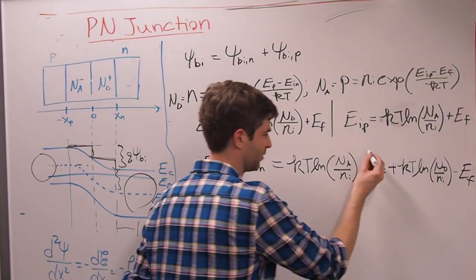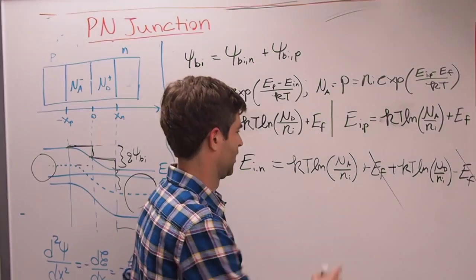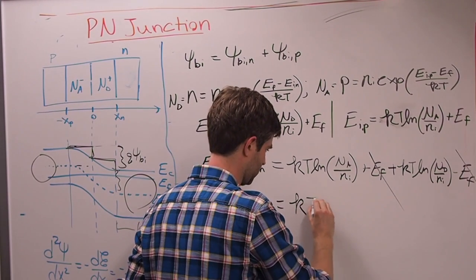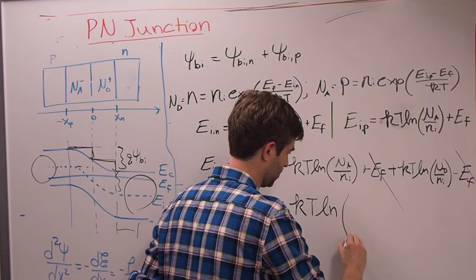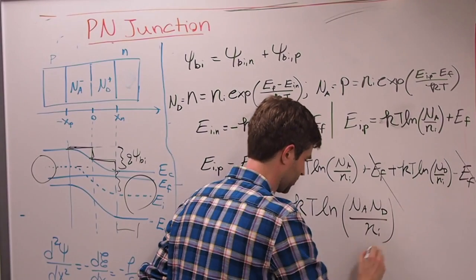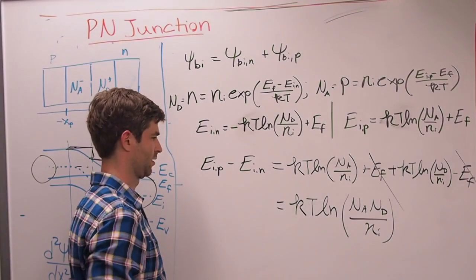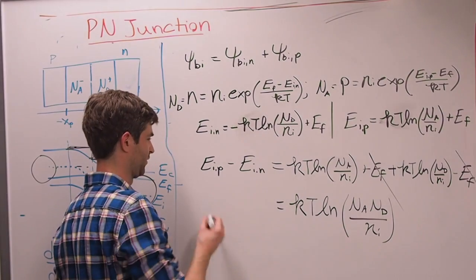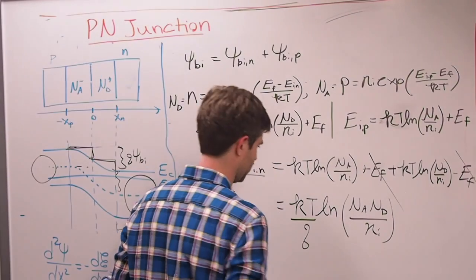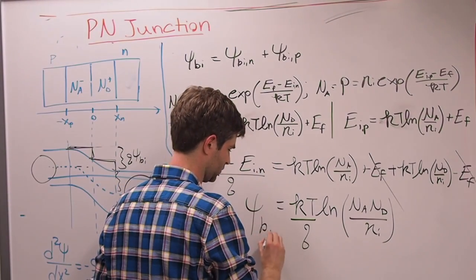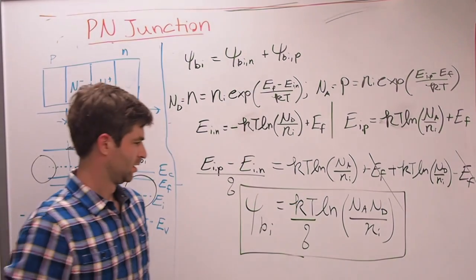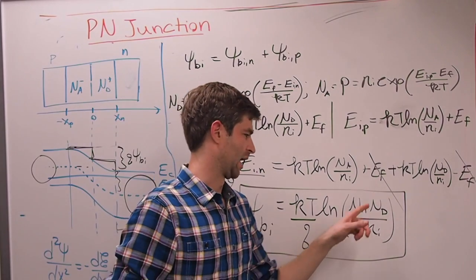Sure enough, just as we hoped, EF cancels, and we can combine these two to equal KT natural log NA ND over NI squared, right? Built-in potential, we have to divide by Q, right? Q goes right here. That is our built-in potential right there. KT over Q times natural log NA ND over NI squared.